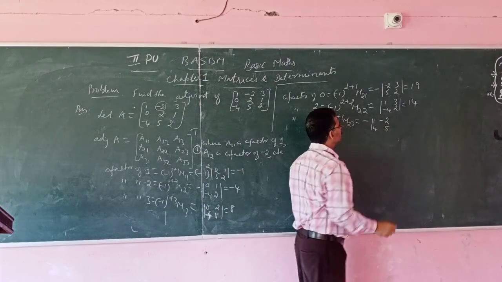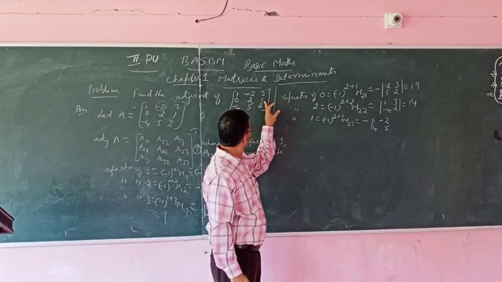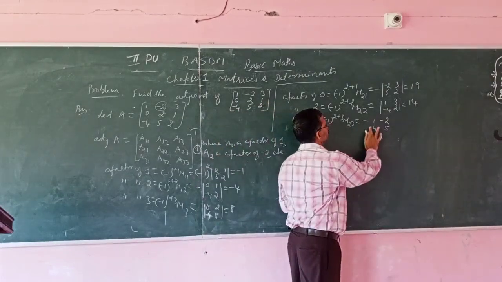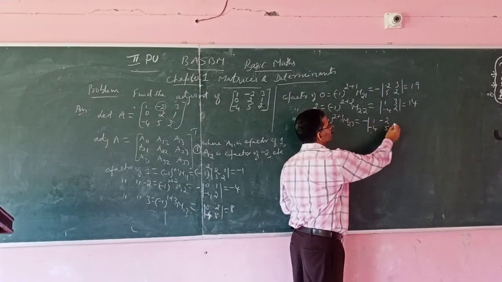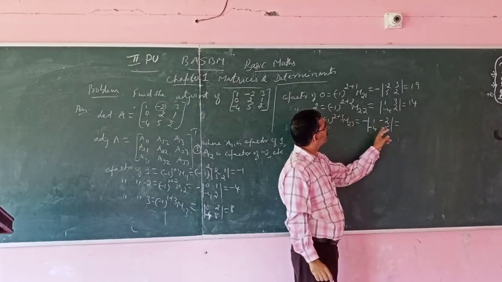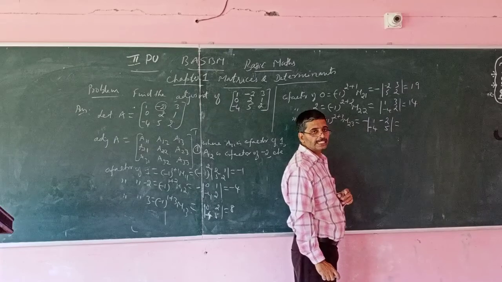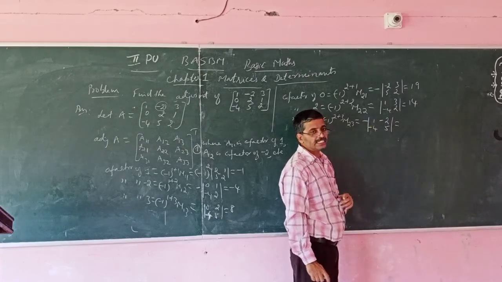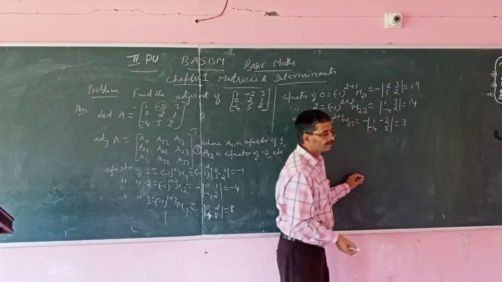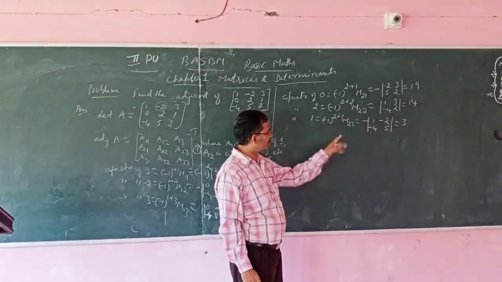What is this? 1 into 5 is 5. Minus 4 into minus 2 is plus 8. So 5 minus 8 is minus 3. But minus sign is there, so it will become plus 3.